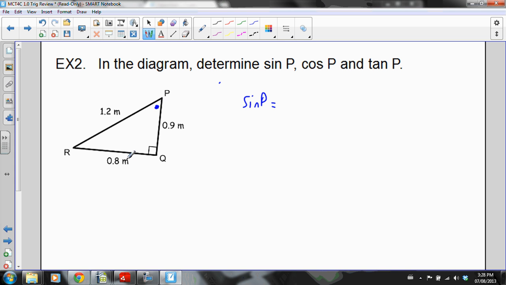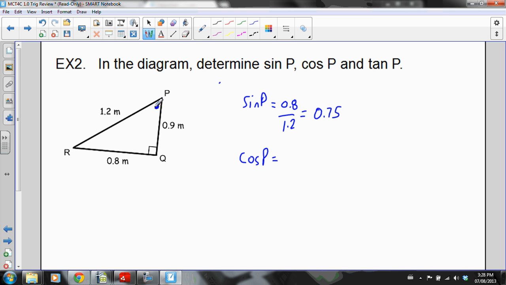Sine is opposite over hypotenuse, 0.8 over 1.2. Just a ratio of sides. These are just numbers, and we could fire that into a calculator if we wanted to. It didn't ask us to find what angle P is, just to state the ratios, and if we wanted a number there, we could.